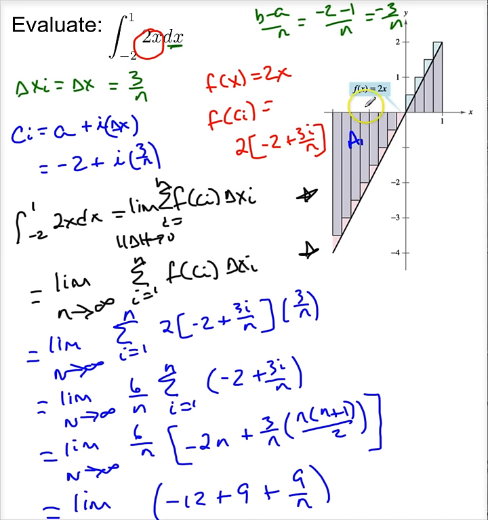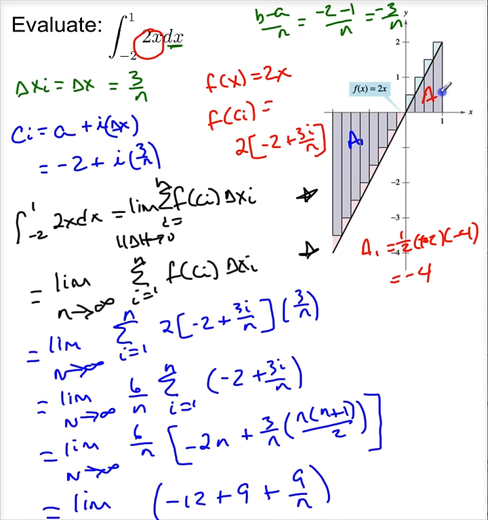So the area of this one is 1/2, the base is 2 and the height is negative 4. So this area right here, A1, is negative 4.